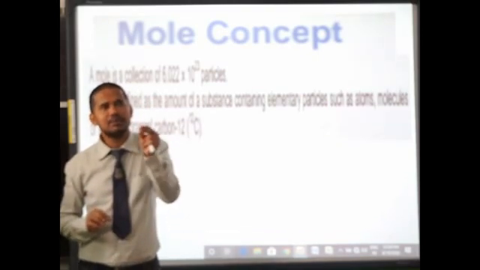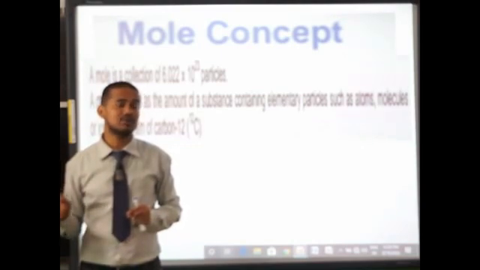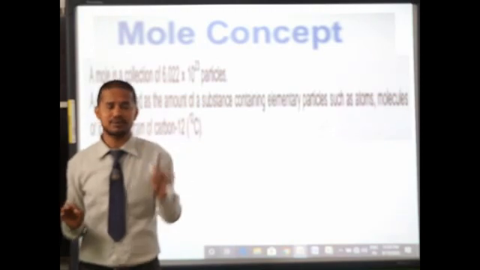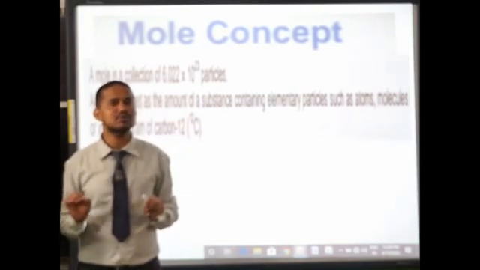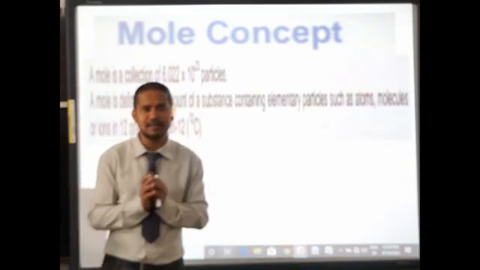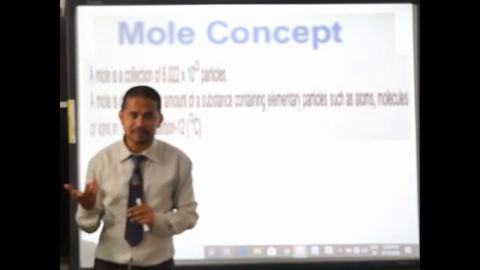If I say 1 mole of atoms, it means 6.022 into 10 to the power 23 atoms. If I say 1 mole of molecules, then it is 6.022 into 10 to the power 23 molecules. 1 mole of particles means 6.022 into 10 to the power 23 particles.